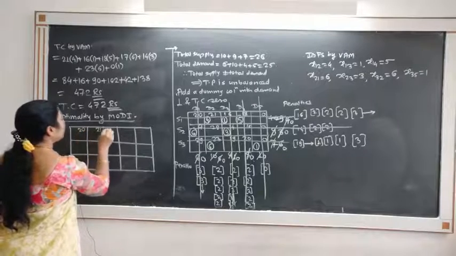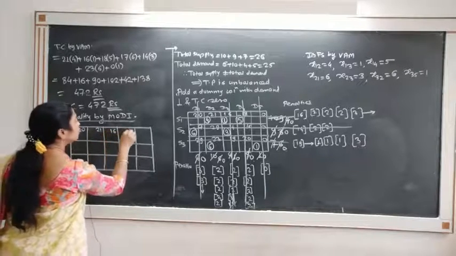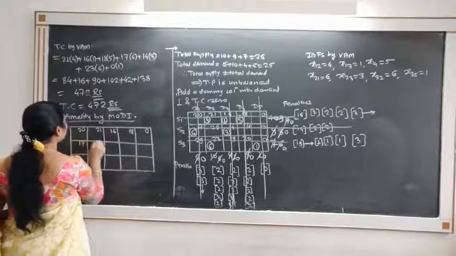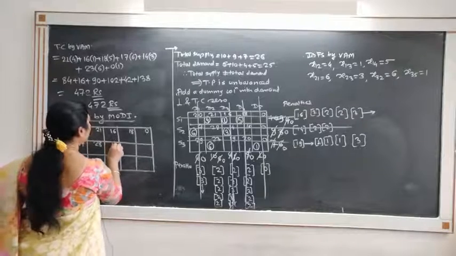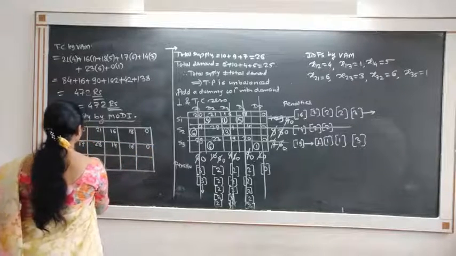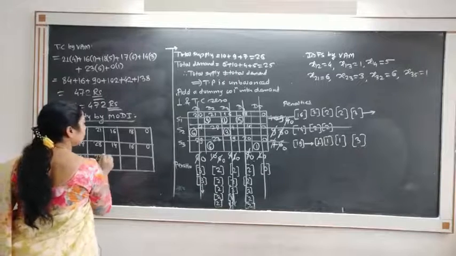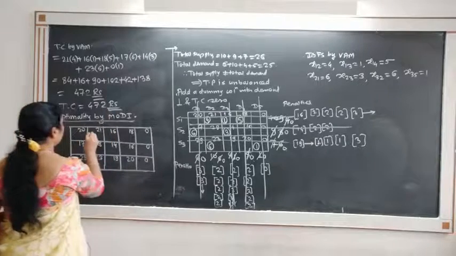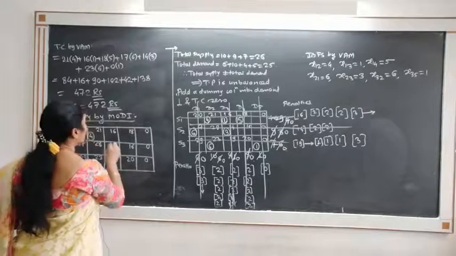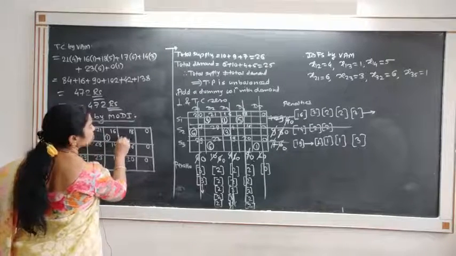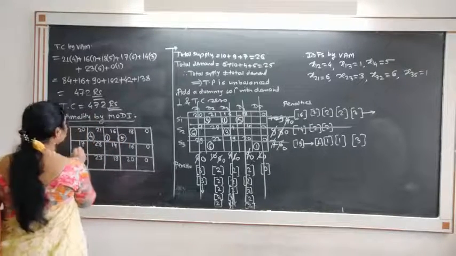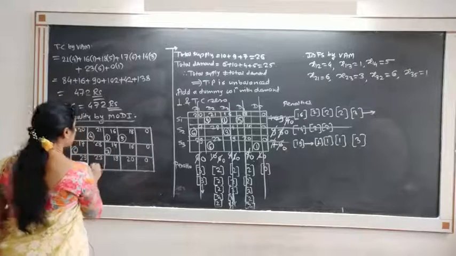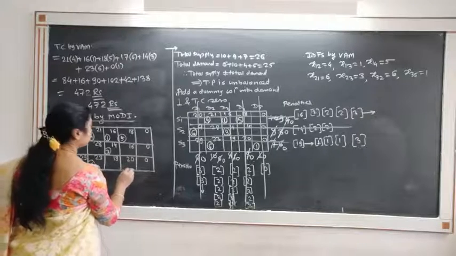Twenty, 21, 16, 18, 0, 17, 28, 14, 16, 0, 29, 23, 19, 20, 0. The allocations are 4, 1, 5, 6, 3, 6, 1.